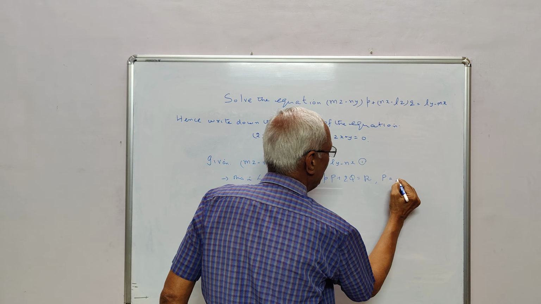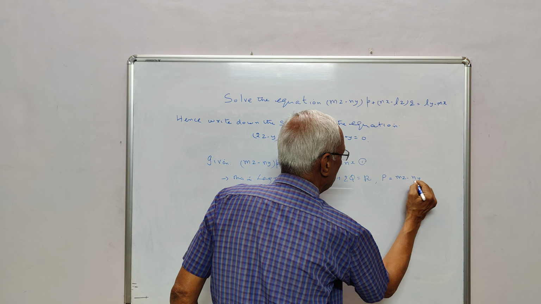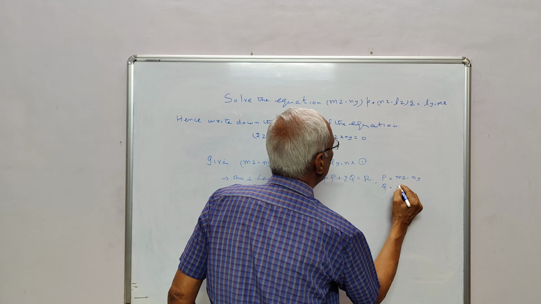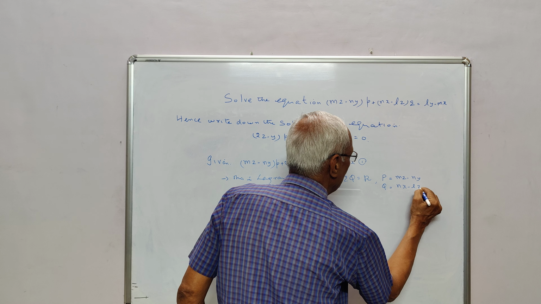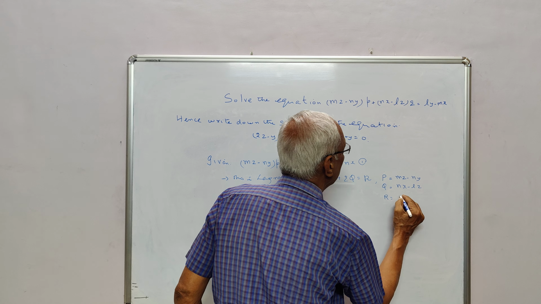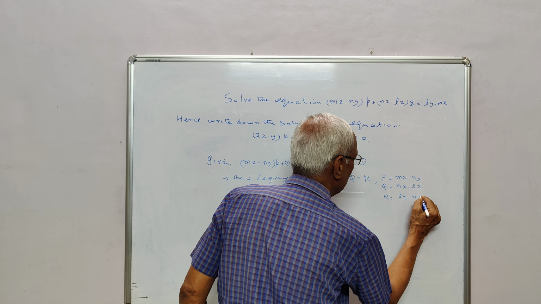This P is mz minus ny, Q is equal to nx minus lz, and R is equal to ly minus mx.